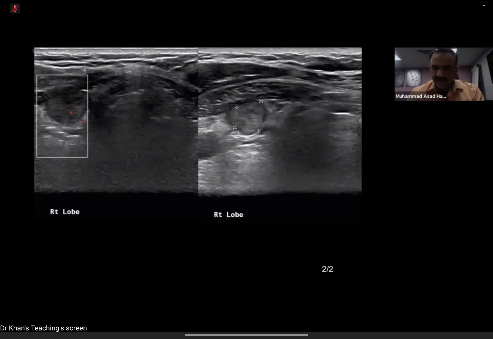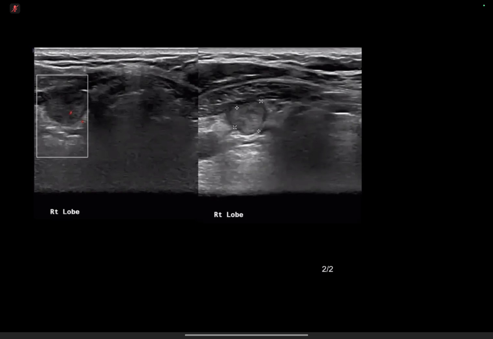But are you aware of any classification system and how to classify the thyroid nodules? There is an ultrasound grading system from U1 to 5, I believe, but I'm not very certain about exactly what would make a nodule change between each category.